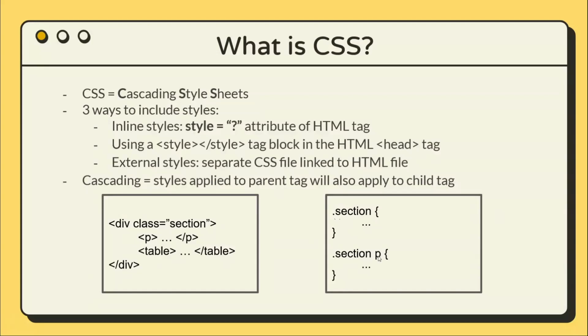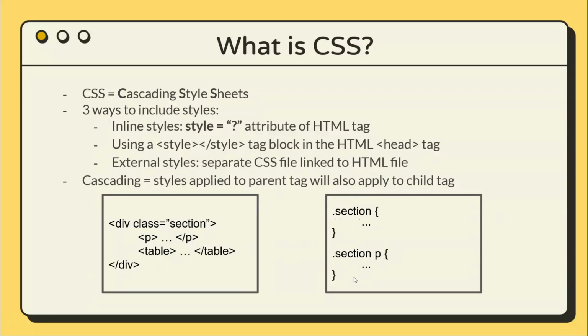And as you can see here, you can also specify elements within a class, such as the section class. Here we're specifying the paragraph element. So say we wanted the text in the section class to be red, but we wanted the text in the paragraph specifically to be green.